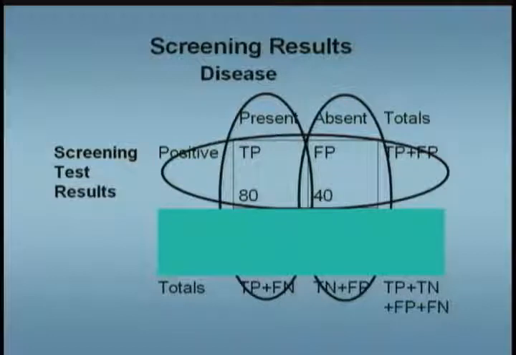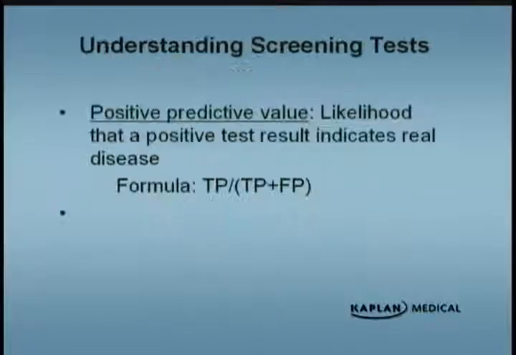Let's apply the rule. The rule is, of course, trues on top divided by everything. That is true positive divided by all the positives: true positive plus false positive. Notice everything in that calculation is a positive. Yes, it's positive predictive value. There's nothing but positives in the calculation for positive predictive value.